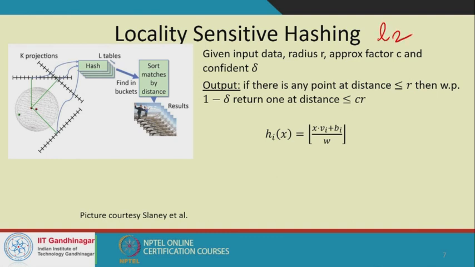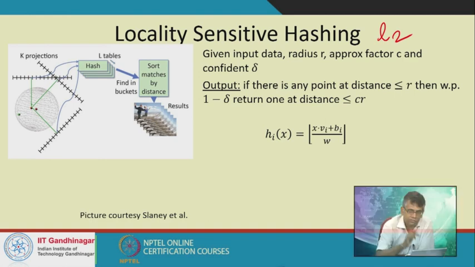Just to recall what we had done: the ith index of a particular hash table, let's say we are creating only one hash table, is created by a k-tuple h1 to hk. Let's talk about creating the ith value of this tuple.